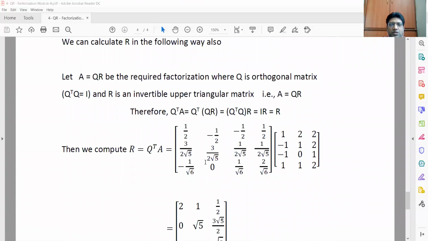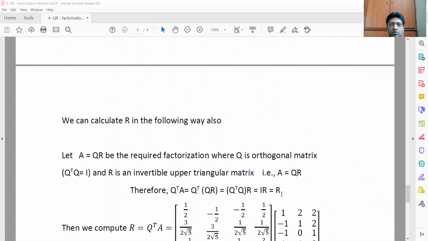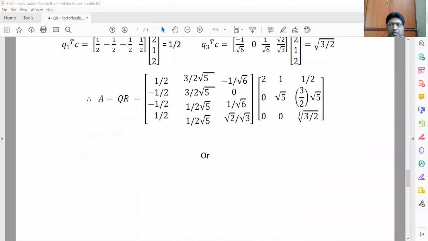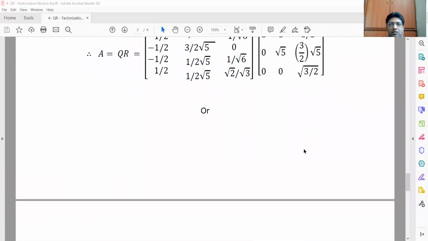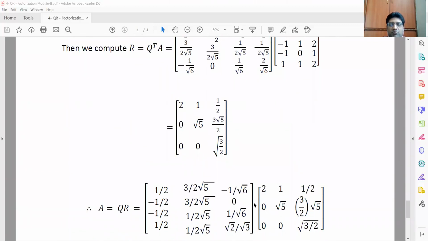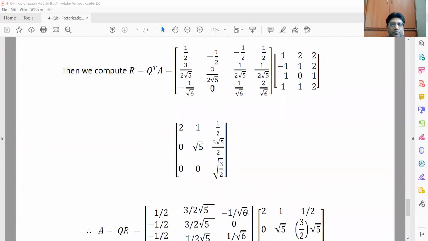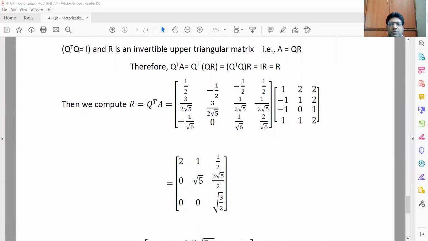The transpose into A, the given matrix. So if you multiply this, you will get this one, which is your R. So in both cases, you can see the same R here. So this is R and this is the same R we got. So in this way also, you can solve capital R. So this is the procedure of calculating capital R in another way. Okay, so which is a simple procedure.